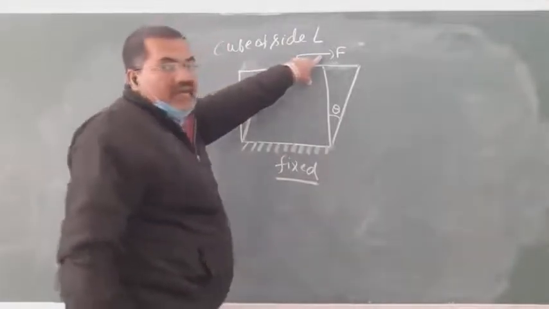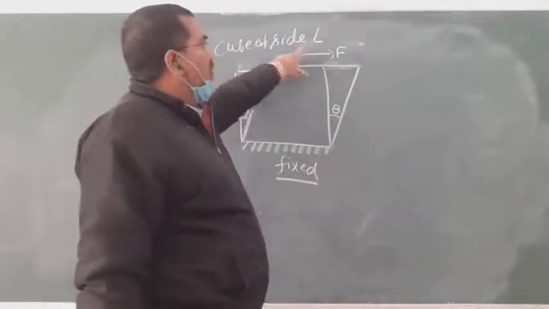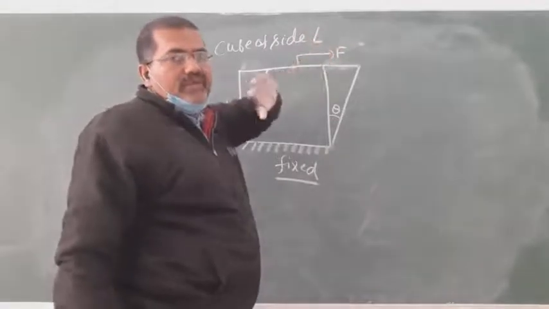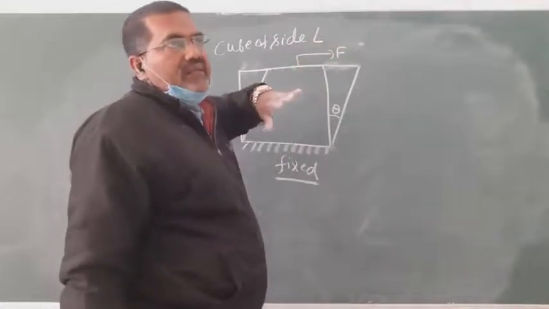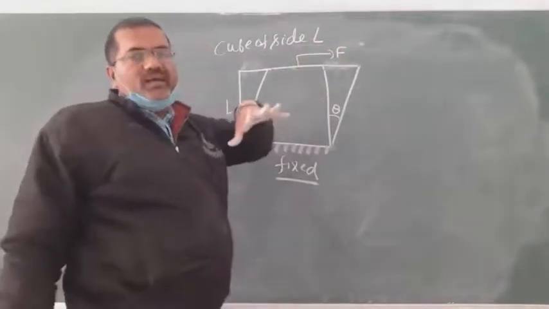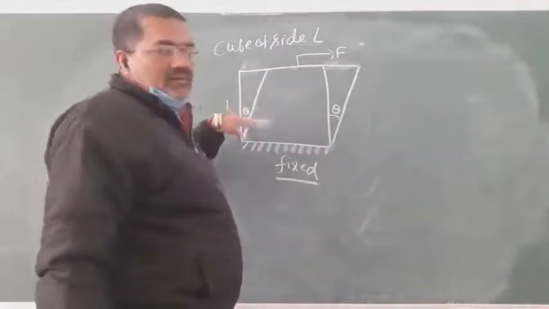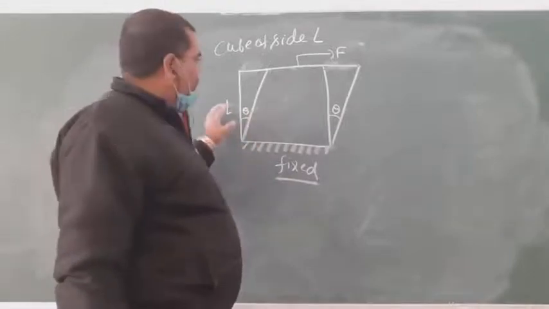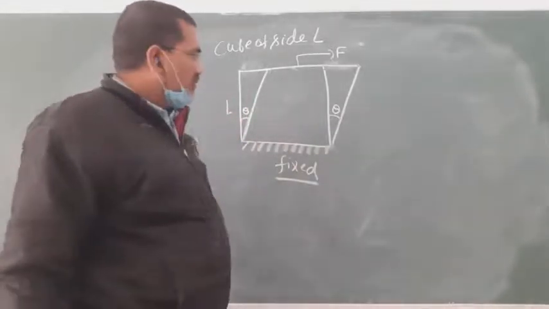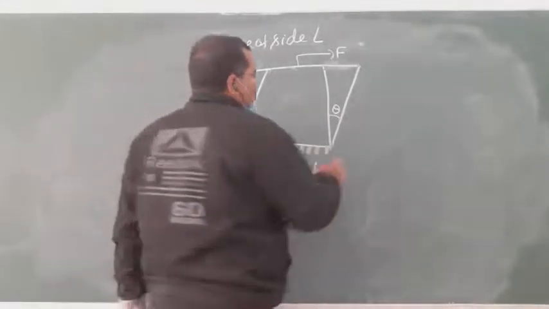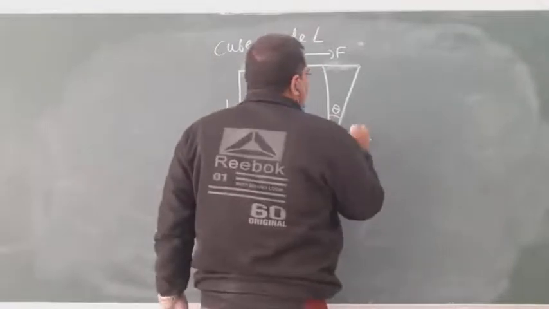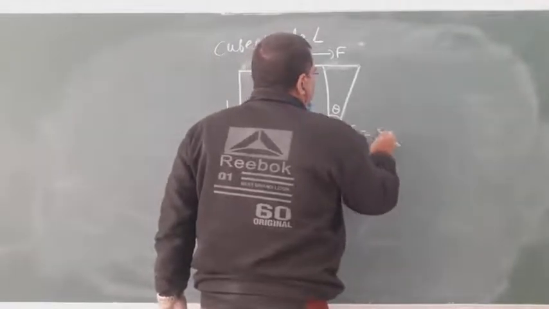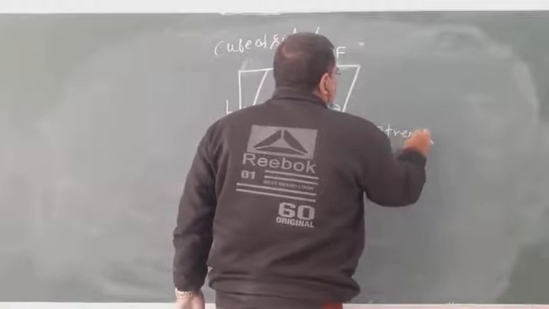This force acts on area L square, because a cube of side L means every face of the cube is a square, and the area of the square will be L square, because each side has length L. So E equals stress upon strain.